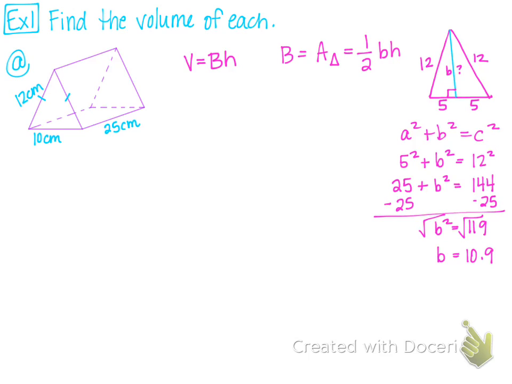So I'm going to plug into this formula so I can find out the area of big B. So that's equal to 1/2. My little b is 10.9. Actually, it's not. My little b is 10 times my height, which is 10.9. So when you put that in your calculator, you get 54.5.